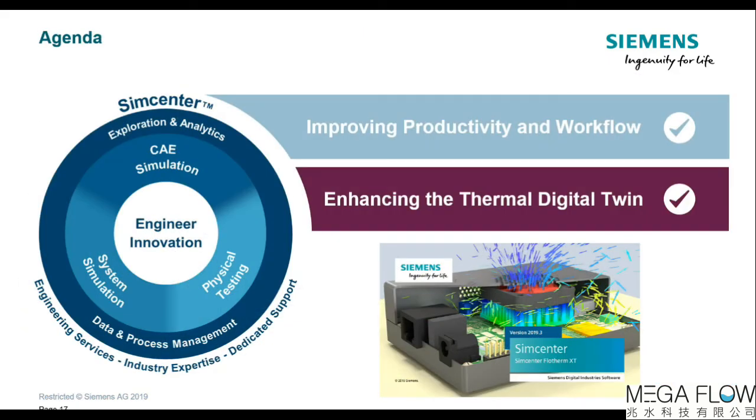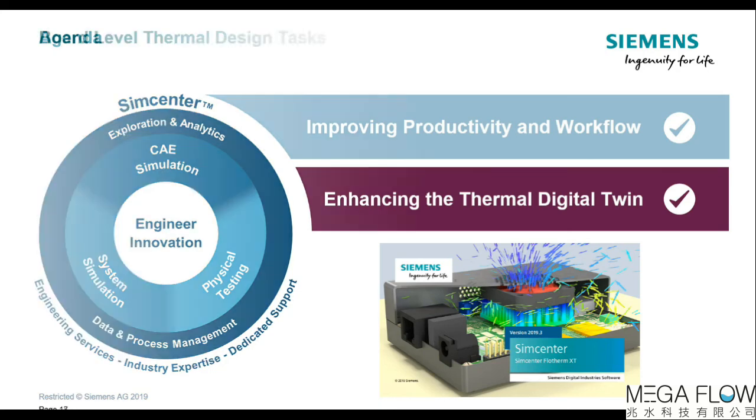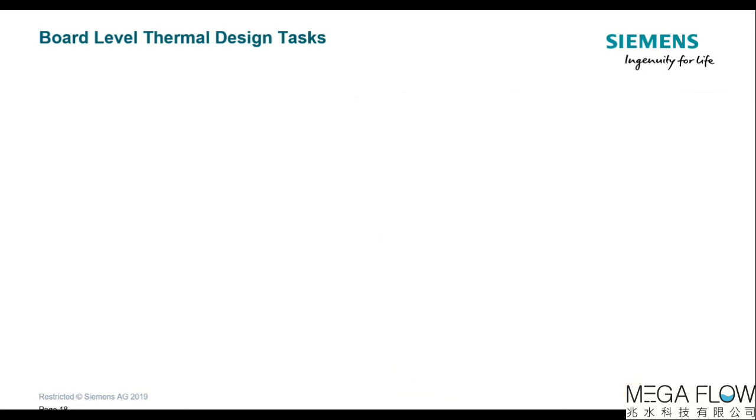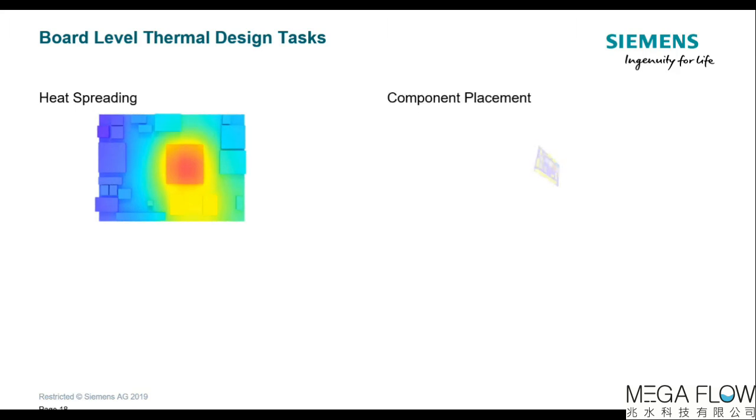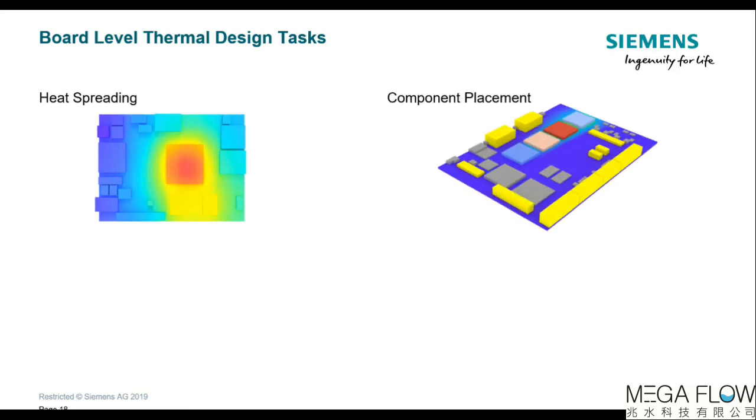Let's now move on to a second major feature released with Simcenter Flotherm XT and describe our enhancements to the PCB modelling. First though, I would like to explore some background, starting with some of the reasons we might carry out simulations. Probably the most common would be to investigate the heat spreading in the board and any impact on component placing.